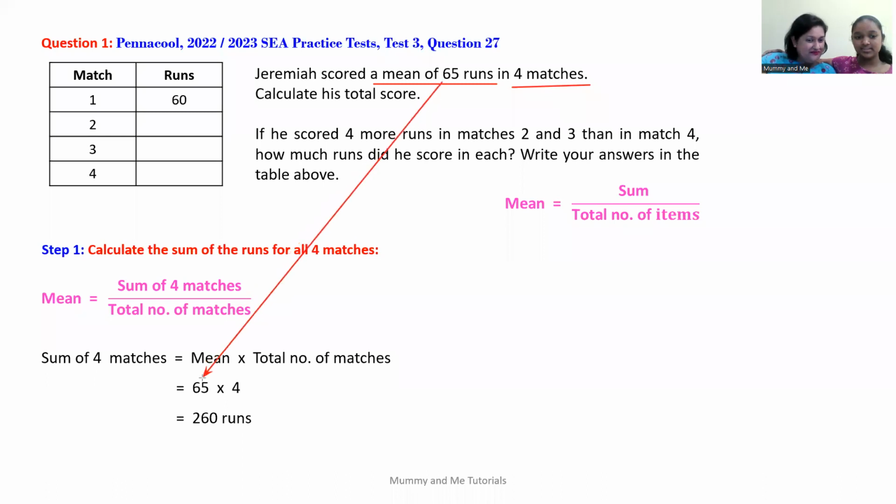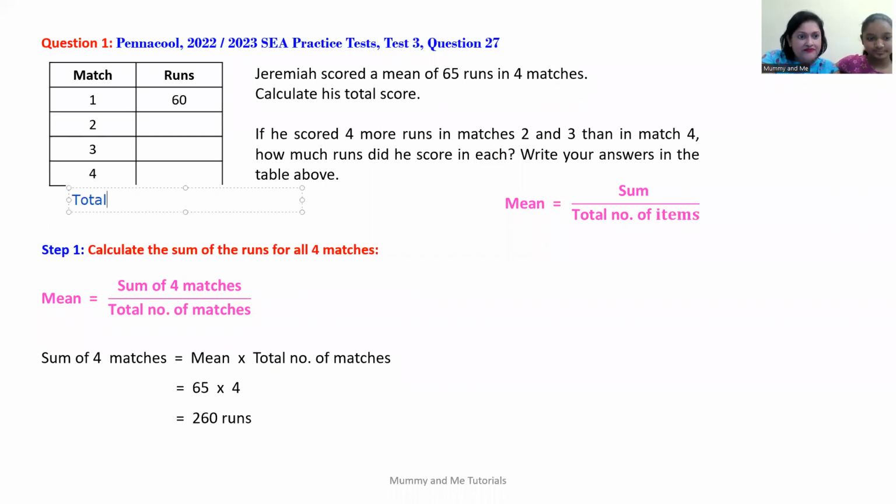Hence, the sum of 4 matches is equal to the mean of 65 multiplied by the total number of matches, which is 4. And we get 260 runs. So the total number of runs would be 260 runs.